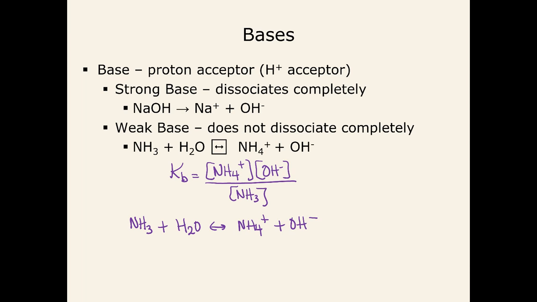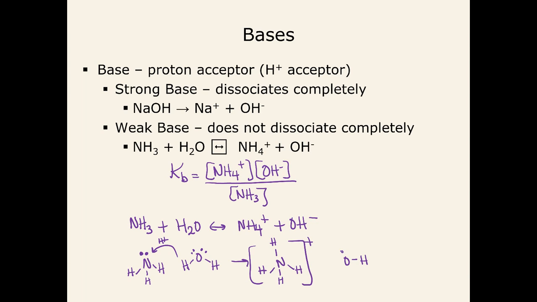And so looking at this, why is this? Because NH3 has that lone pair on the nitrogen, and so it's going to accept H plus from water to make ammonium ion and hydroxide.